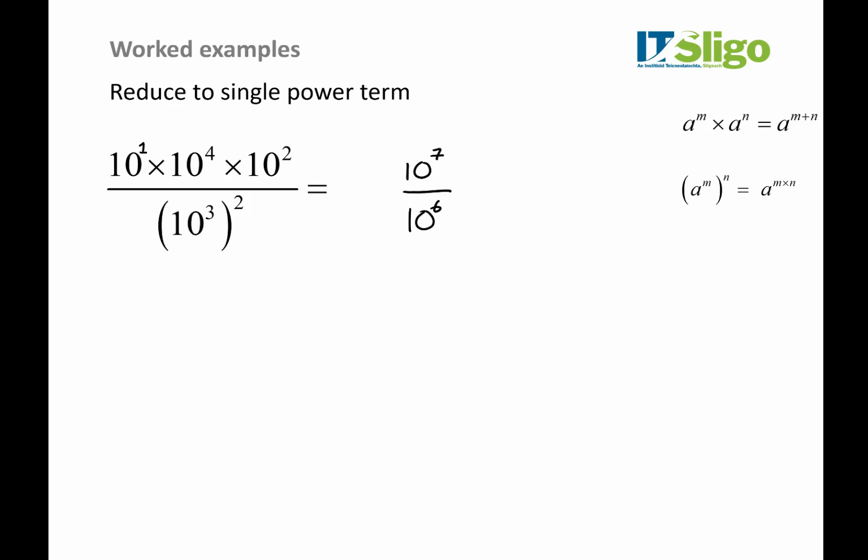And now, guys, I have 2 values, both with the same base. They're being divided. So using rule 2, I subtract. Be very careful, guys, the upper power minus the lower power. It's always good practice, guys, to write that out properly, because once there's minuses in here, then you need to be very careful. So our answer then, reduced to a single power term, is 10 to the power of 1.